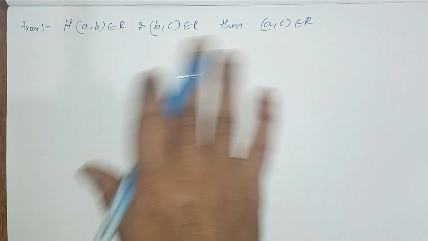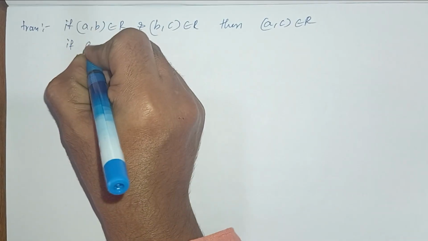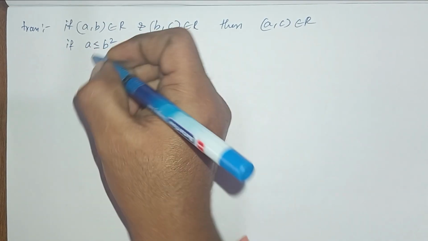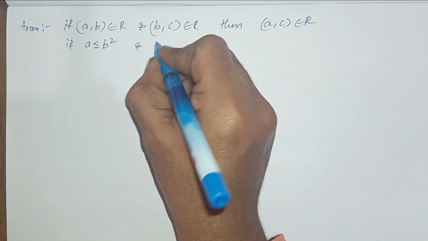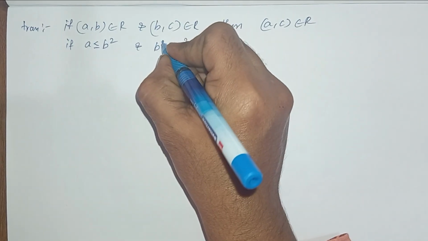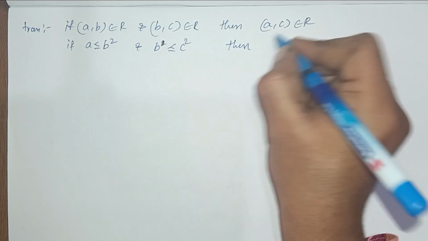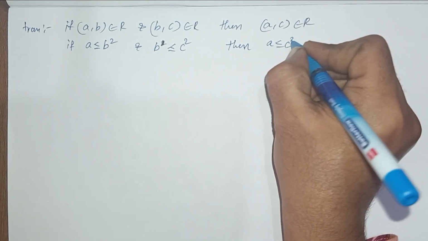So here we'll take a few values and we'll check how it is. So here the condition is what? A is less than or equal to B square and B is less than or equal to C square, then A is less than or equal to C square.